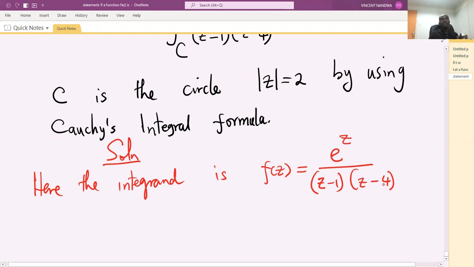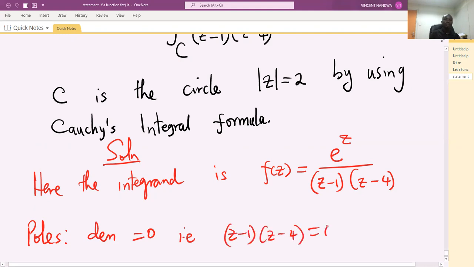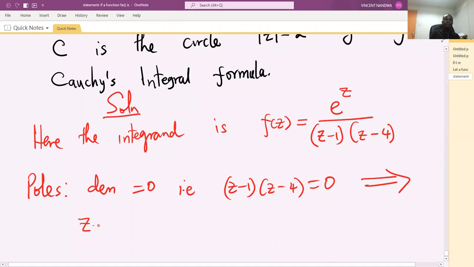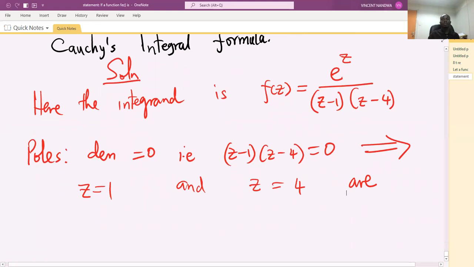So the first step is to find the poles by simply taking the denominator of the integrand and equating it to 0. So poles: you take the denominator, you equate to 0, i.e. (z minus 1)(z minus 4) equals 0, which implies z equals 1 and z equals 4. These are simple poles because these linear factors, each one of them is raised to power 1.